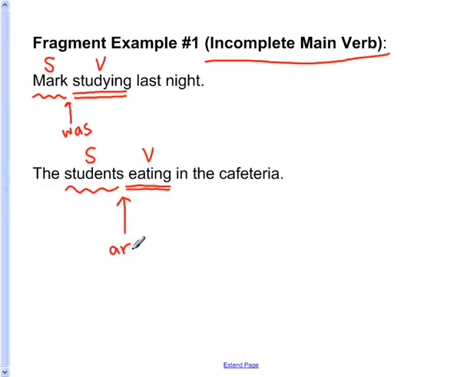So you could add are, the students are eating in the cafeteria, or you could make it past tense, the students were eating in the cafeteria, or future tense, the students will be eating in the cafeteria. Either way, you have to add a helper verb to complete the main verb, to make it an independent clause.